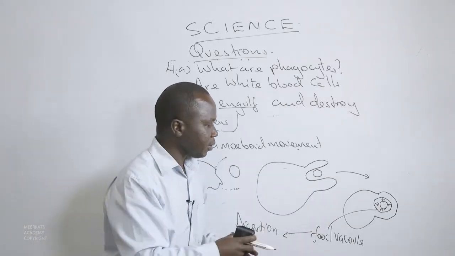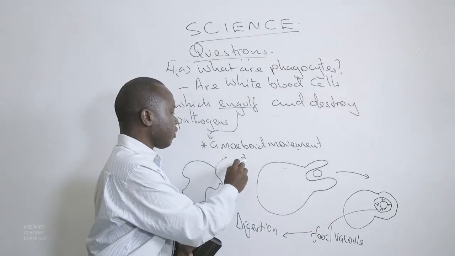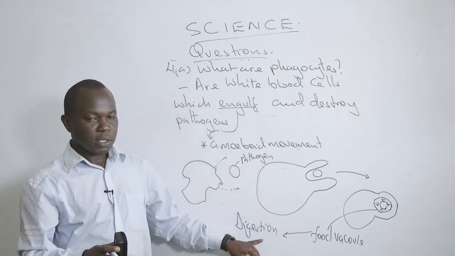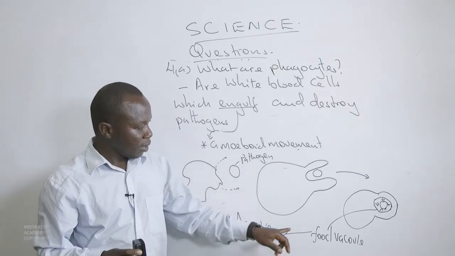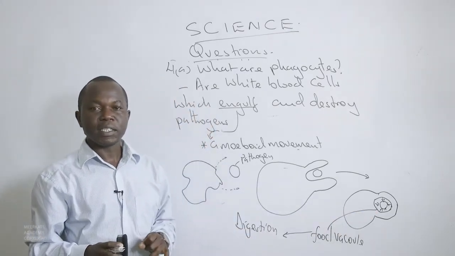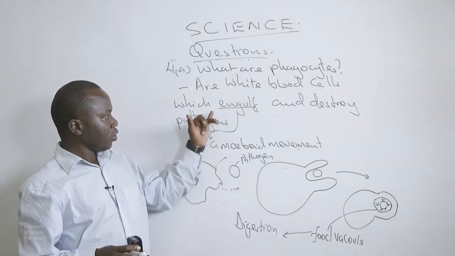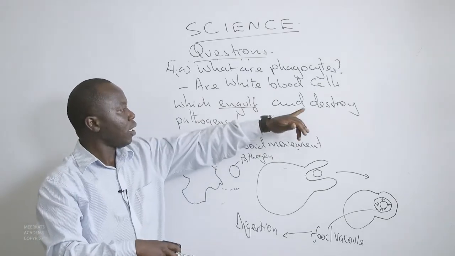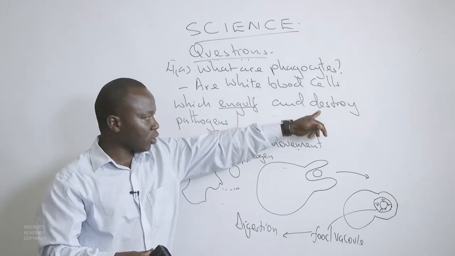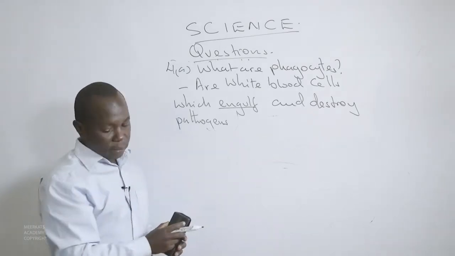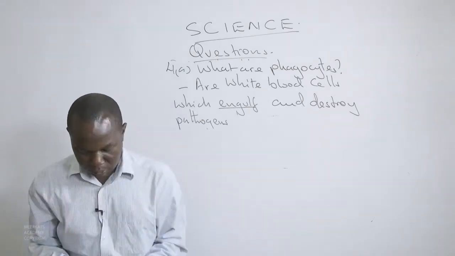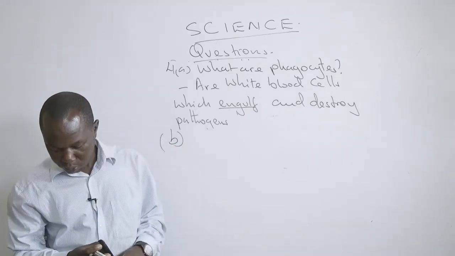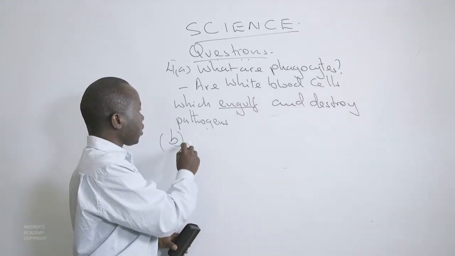Those lytic enzymes will destroy the pathogen through digestive activity. So that is engulfing, surrounding, forming a food vacuole, and then destruction follows. So that was part B of the question, what is phagocytosis?